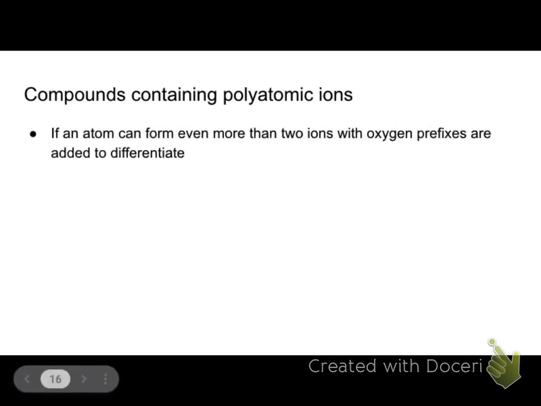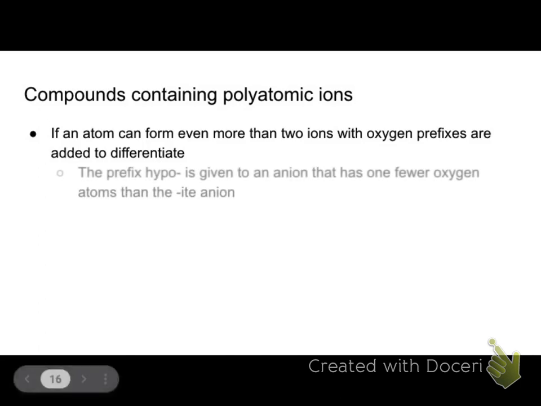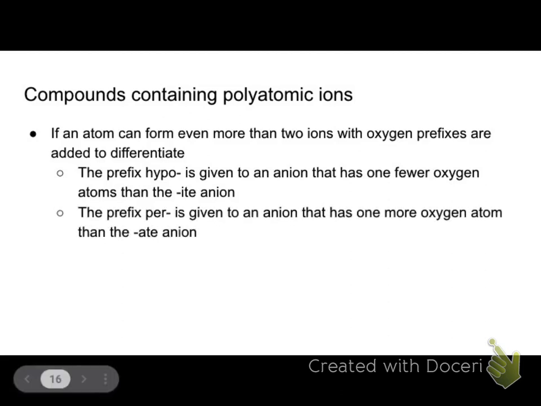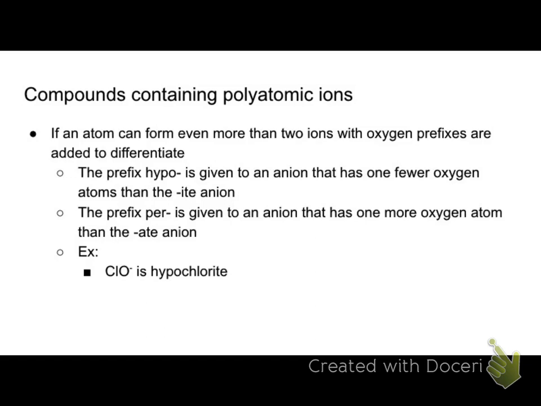If an atom can form even more than 2 ions with oxygen, because there are some that can form 3 or 4, then we start to introduce prefixes. The prefix hypo is given to an anion that has 1 fewer oxygen than the ite anion. And the prefix per is given to an anion that has 1 more oxygen atom than the ate anion. I promise this will make sense in a moment. ClO- is hypochlorite.